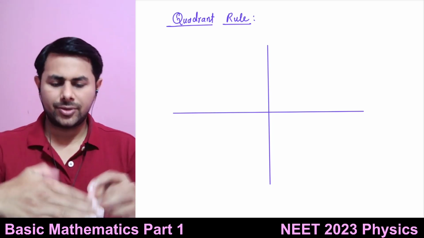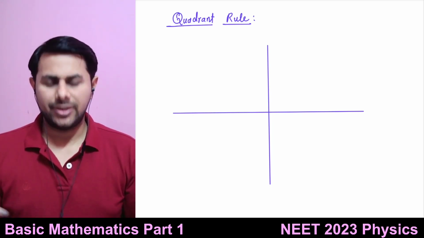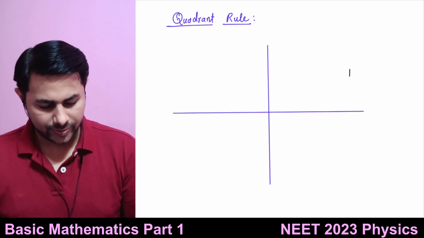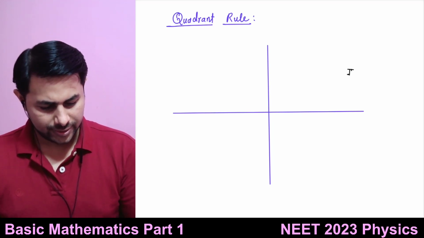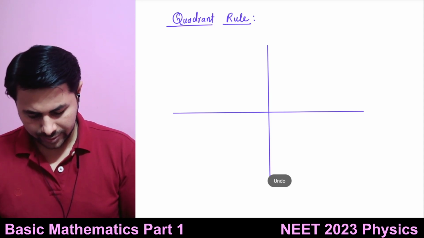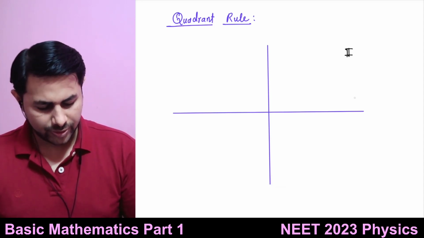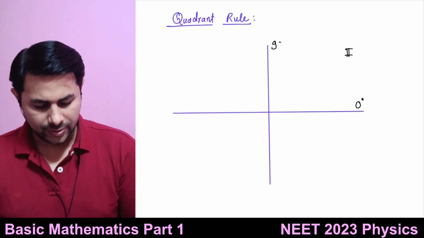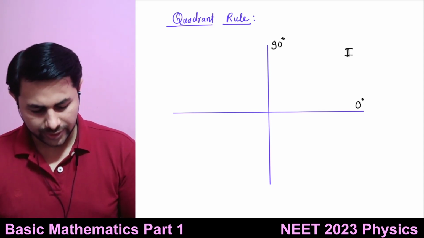Angle from 0 to 360 degrees is divided into 4 quadrants. The first quadrant is from 0 degrees to 90 degrees. The second quadrant is from 90 degrees to 180 degrees.